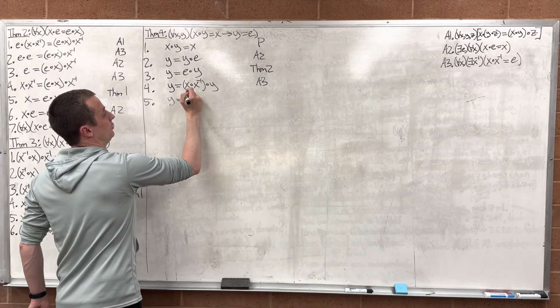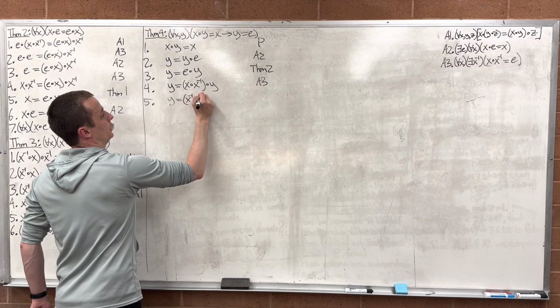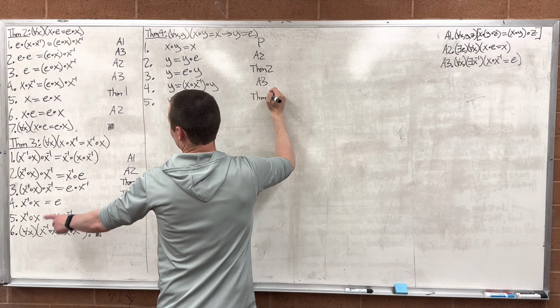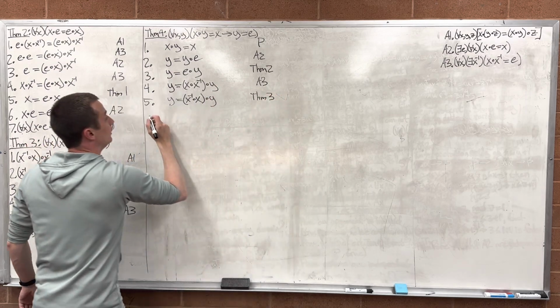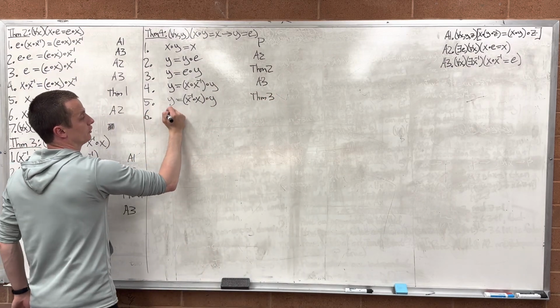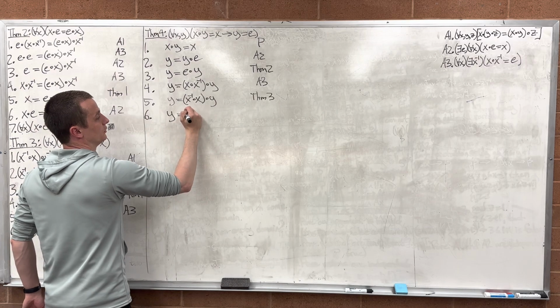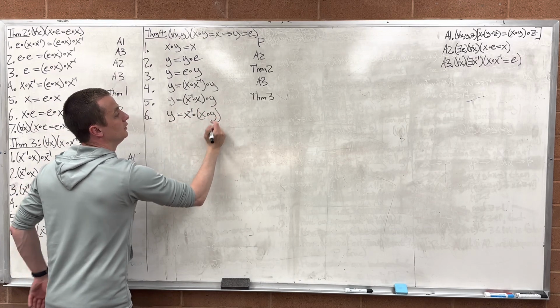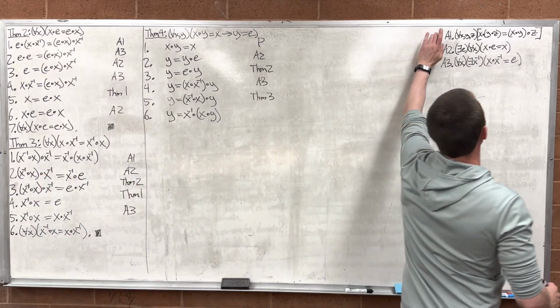So then y is equal to x inverse compose x, compose y. That's using theorem 3. And then 6, using associativity, y is equal to x inverse compose x, compose y. That's using associativity A1.